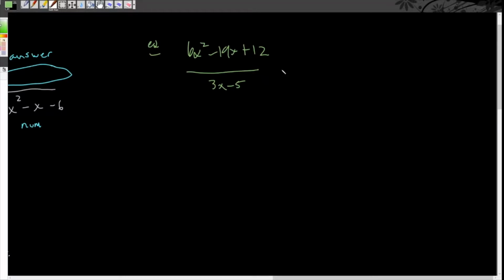So let me write this as proper division. 6x squared minus 19x plus 12 divide by 3x minus 5. Let's use this salmon color.